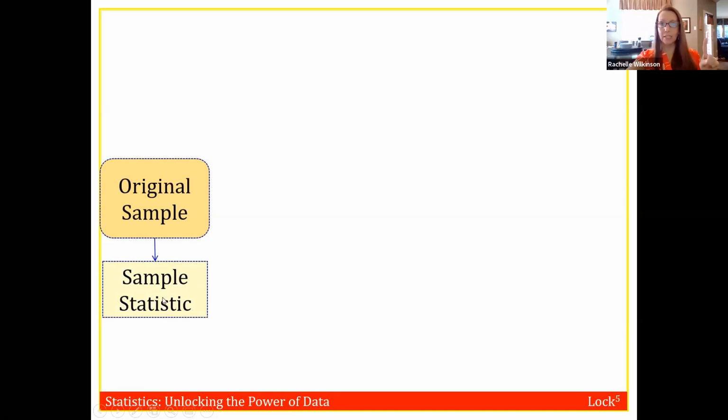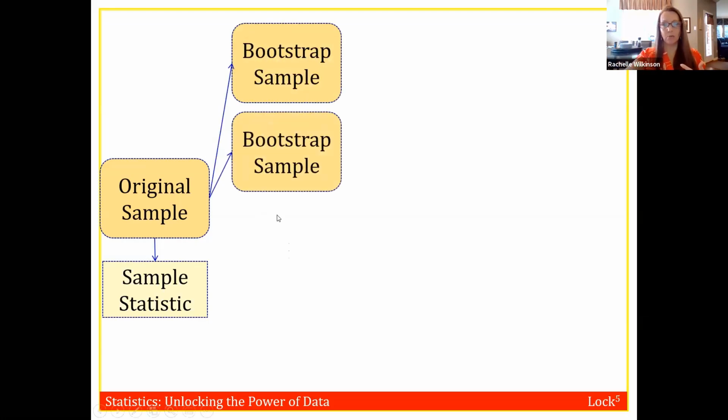My sample statistic is the best estimate for the population parameter. So this sample statistic calculated from my original sample is still going to be at the heart of my confidence interval. Okay, next, I need to figure out what kinds of samples are possible and how they vary.